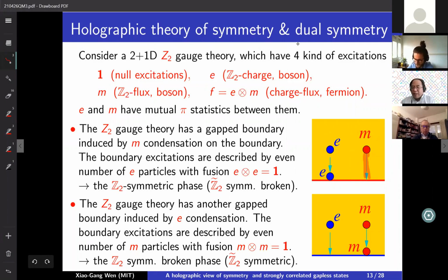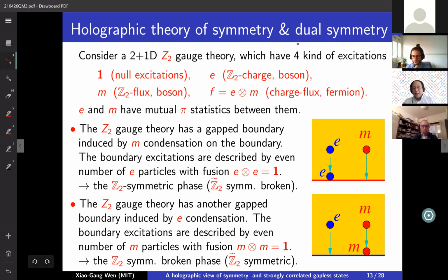We condense Z2 flux, and that's one way to get a boundary. Okay. And then when this vortex condenses at the boundary, this Z2 charge E is not condensed. So this boundary would have this excitation E.